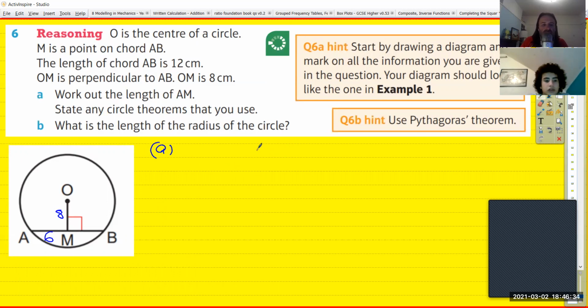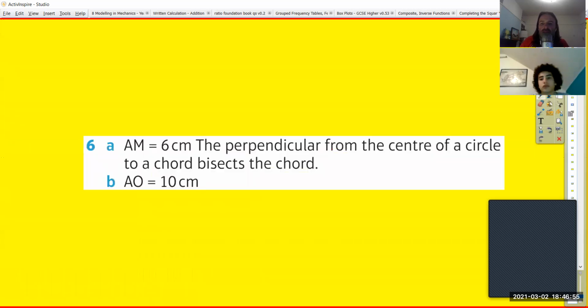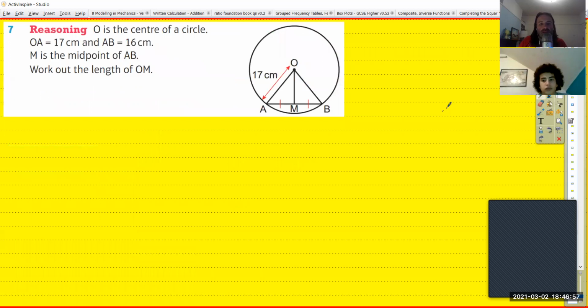Oh, the radius would be 6 squared plus 8 squared is 10 squared. Mm-hmm. And so radius? 10 centimeters. Well done. Great. Let's see, 10. Okay, how about this?